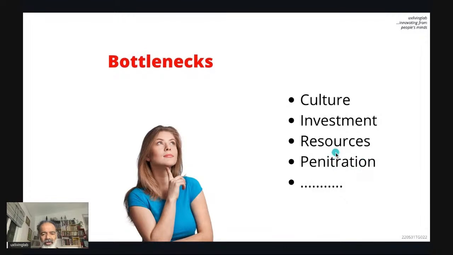Financial investment or time investment is required. As a startup, there is no financial investment, but you are spending time, and that's also an investment. Then culture: other people should have that innovative culture to accept your ideas. So these are the main bottlenecks you will be facing when you start executing the idea.